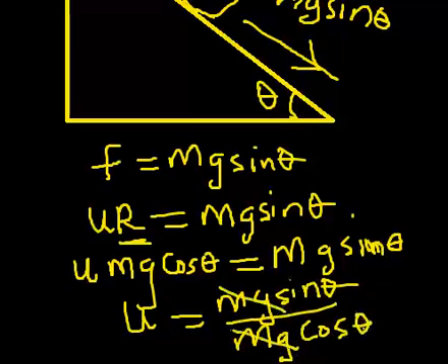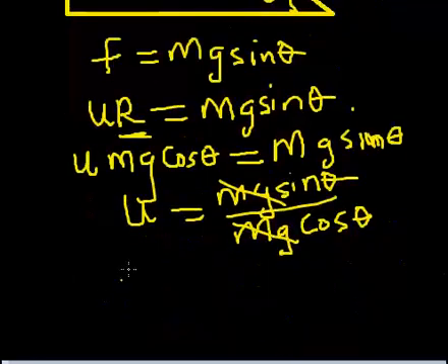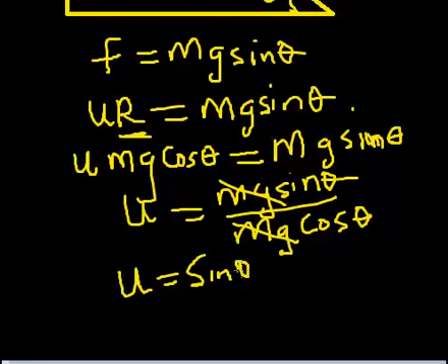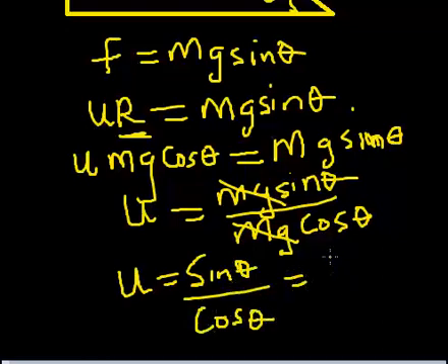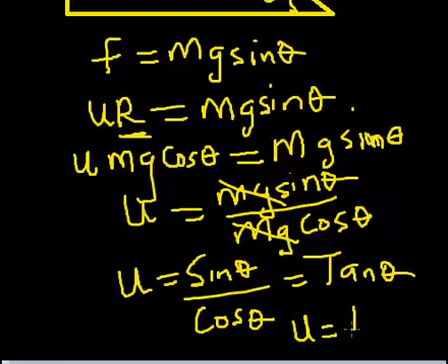Mg cancels mg, so I'm left with mu for an inclined plane equal to sin theta over cos theta. And of course, sin theta over cos theta in trigonometry is equivalent to tan theta. So please take note: for an inclined plane, the coefficient of static frictional force is simply tan theta.